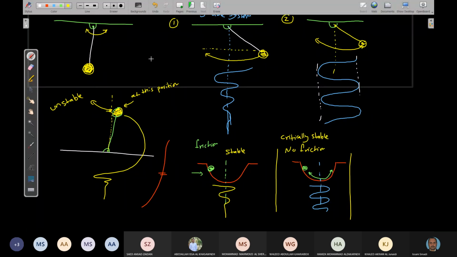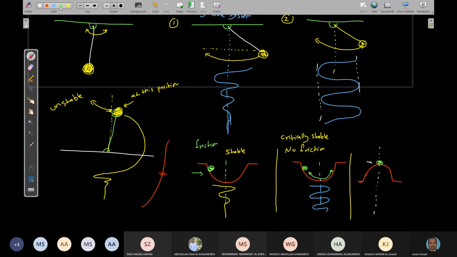Now, what about if I'm flipping this like this, and now my ball is here? Now, if any disturbance happened to this ball, a wind or small variation, what will happen to the ball?